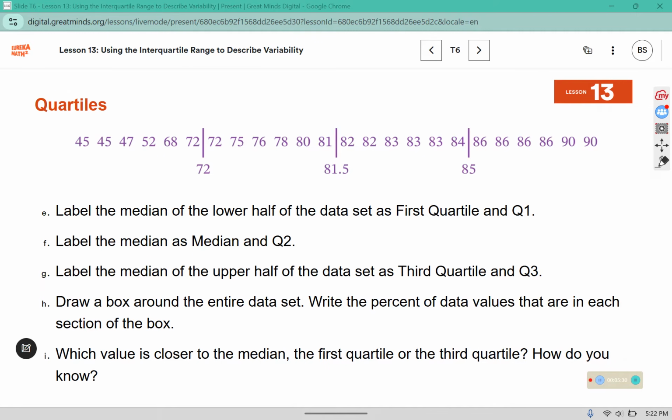Now we are going to label the median of the lower half of the data set as the first quartile, also known as Q1. So this median of the lower half is called Q1. Label the median as median, or Q2. And then label the median of the upper half as the third quartile, Q3.